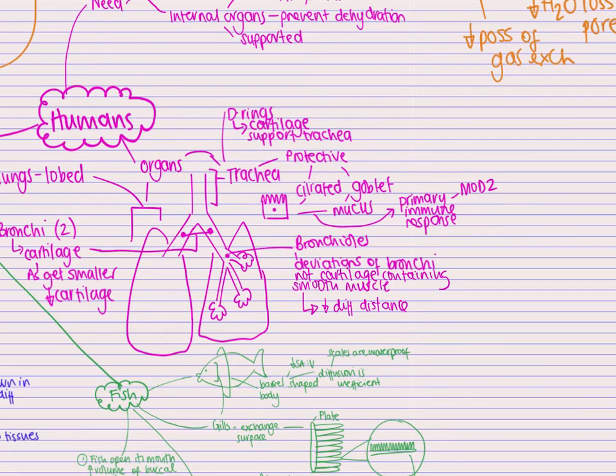The final part of the lungs, the respiratory system in this case, is these little mushroomy things called the alveoli. And these are lined with epithelial cells, which, as we know, are really, really thin. Going to reduce the diffusion distance again. But also they are highly vascularized. And that means they've got a massive blood supply.